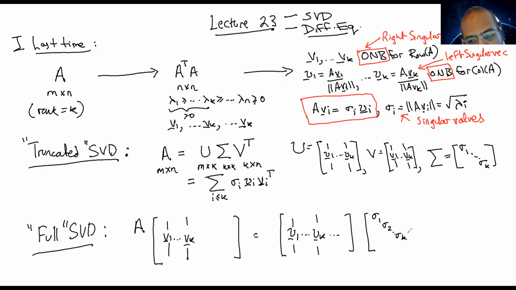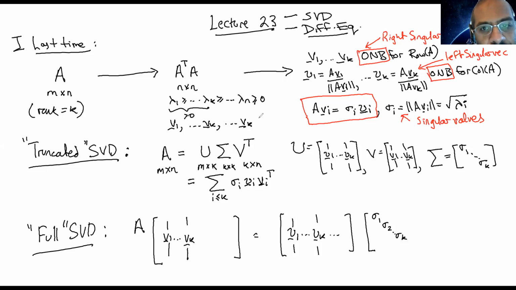Now, what the full SVD is, well, these matrices U and V in the truncated SVD are rectangular. The full SVD is this alternate point of view that, well, why not make these square matrices by completing these orthonormal bases, right? So V1 through VK are already orthonormal.